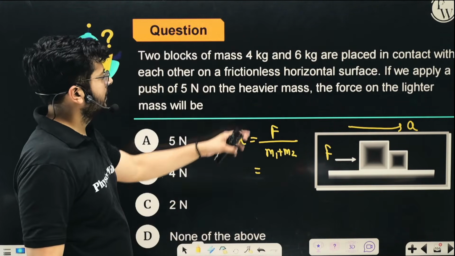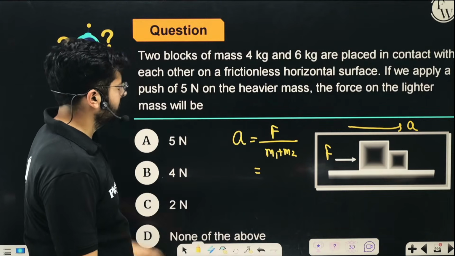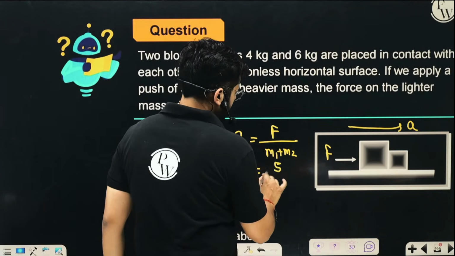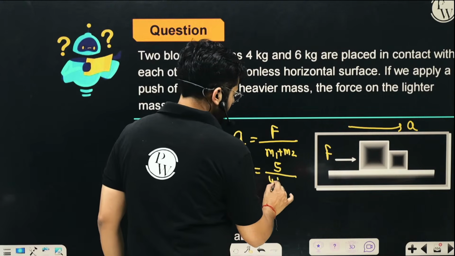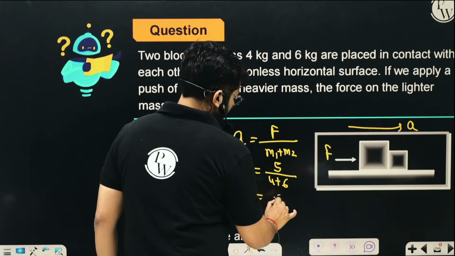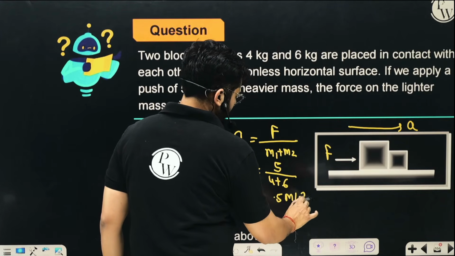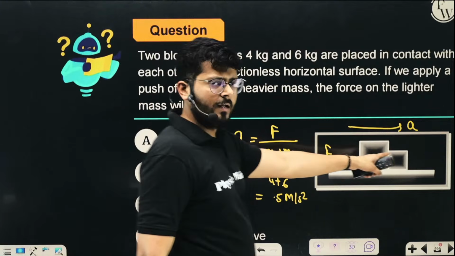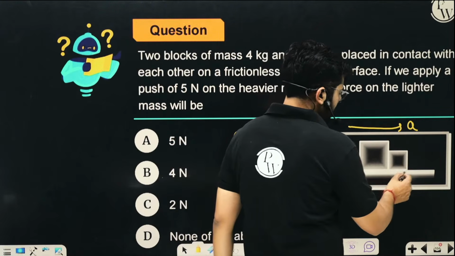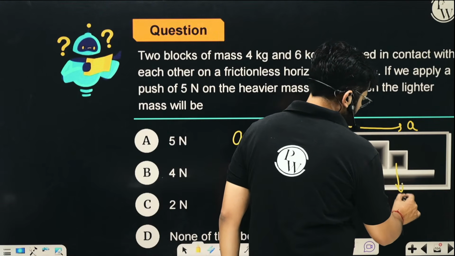Net force is 5 Newton. The force acting here is 5 Newton. And the masses are 4 kilograms and 6 kilograms, which is 10 kilograms. So 0.5 meter per second square. That will be the acceleration of the body. Once you know the acceleration, you can look at individual bodies. So think about the FBD of this smaller block.